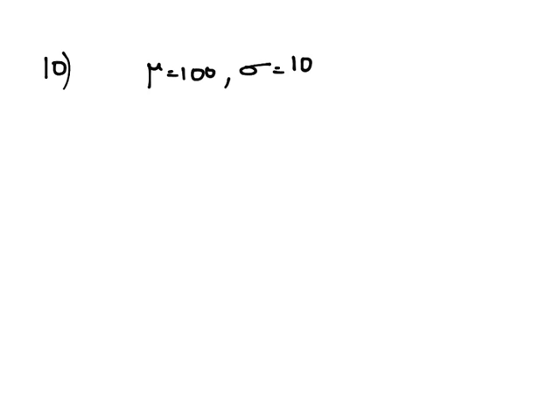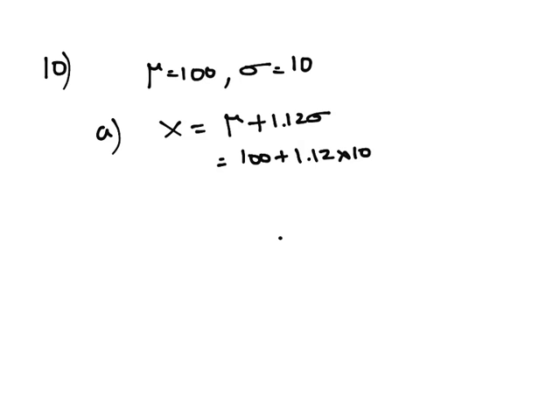Now the first question is, find the value of x that is 1.12 standard deviations above the mean. That means x is mu plus 1.12 times sigma, which means 100 plus 1.12 times 10, which is 100 plus 11.2, so 111.2.